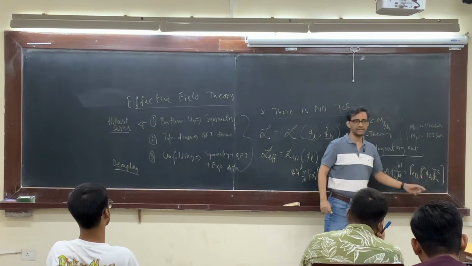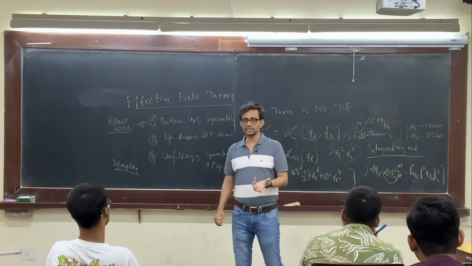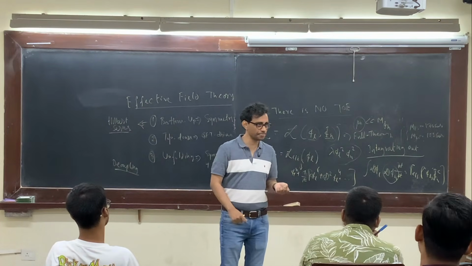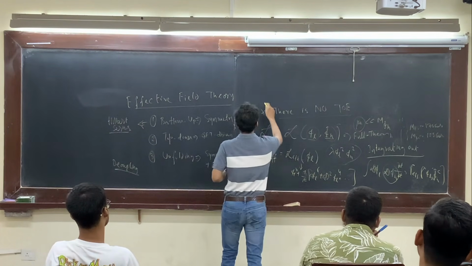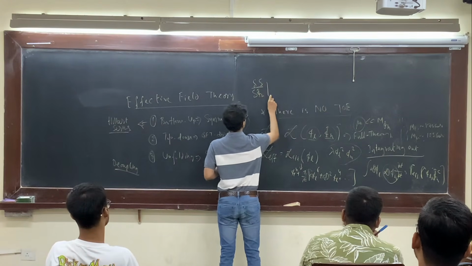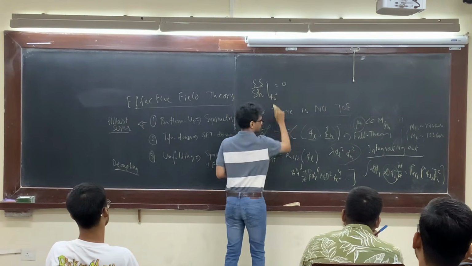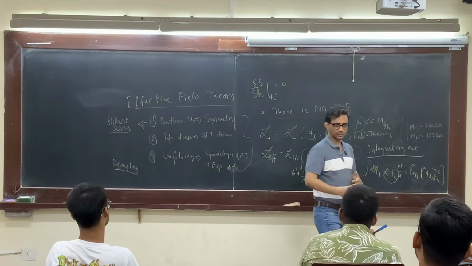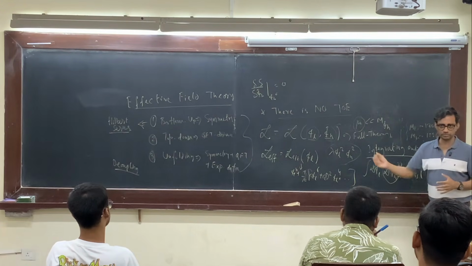What is phi h c? Phi h c are the classical solutions of the heavy field. That means, right, so that's why you basically get the solution of that thing.